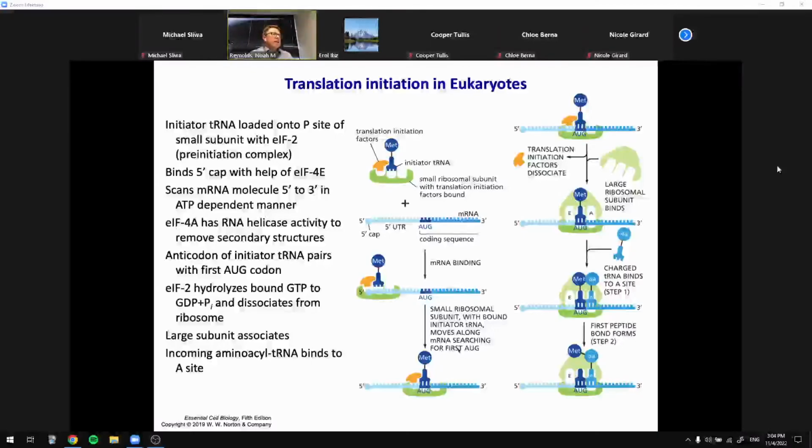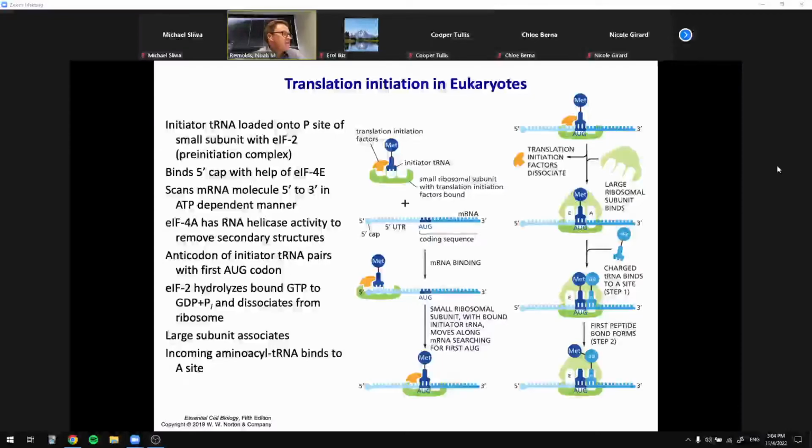And remember, in eukaryotes we have a different thing. We get this complex formed separately from the messenger RNA. We have the small subunit, an initiation factor, and an initiator tRNA charged with methionine. This binds to the 5' cap, and then it moves along until it finds the first AUG codon.